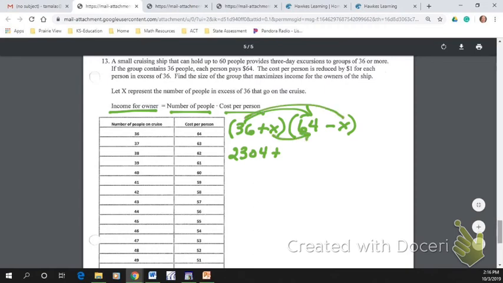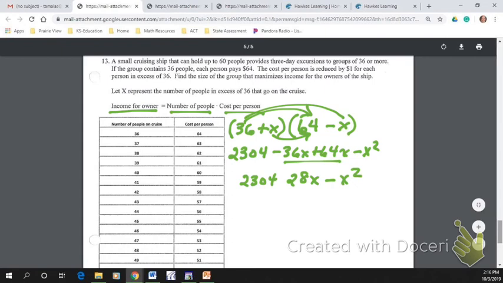That gives me a minus 36x and a plus 64x. Do you combine those? And then minus x squared. So what do I get if I combine those? 64 minus 36 would be 28. So 28x minus x squared.